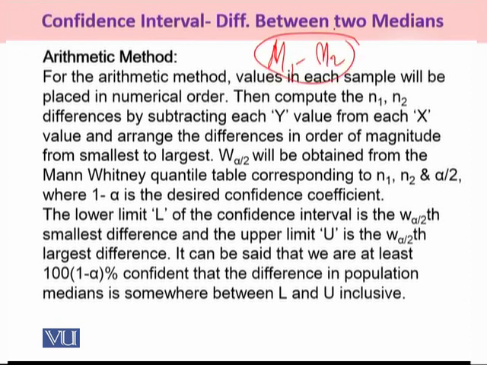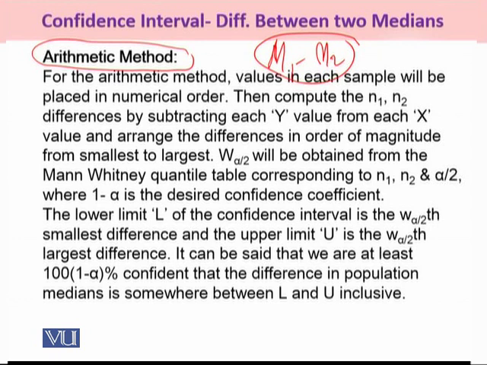So students, it is very difficult to identify or estimate M1 minus M2 through the graphical approach. So we would be following the arithmetic approach, which is slightly simpler as compared to the graphical approach.